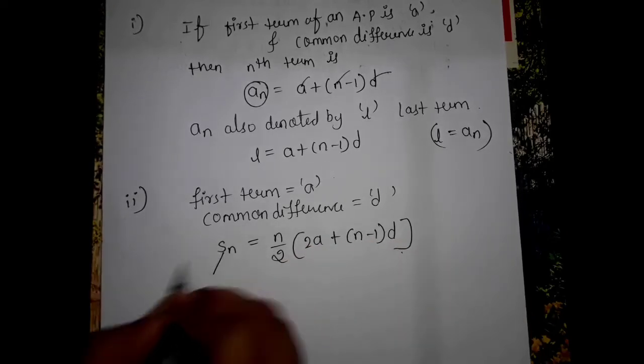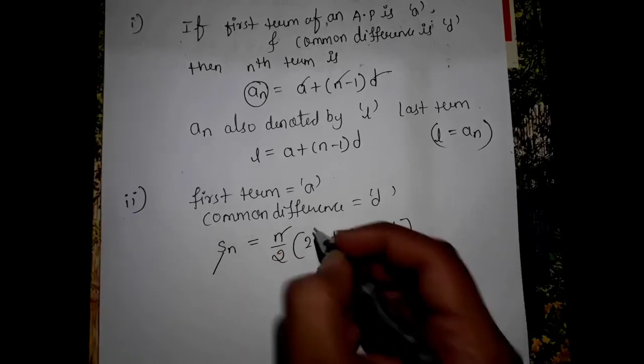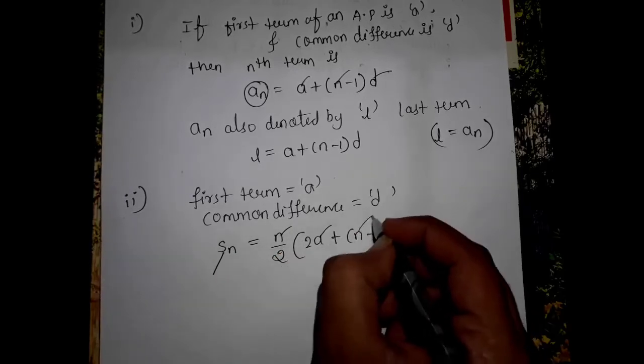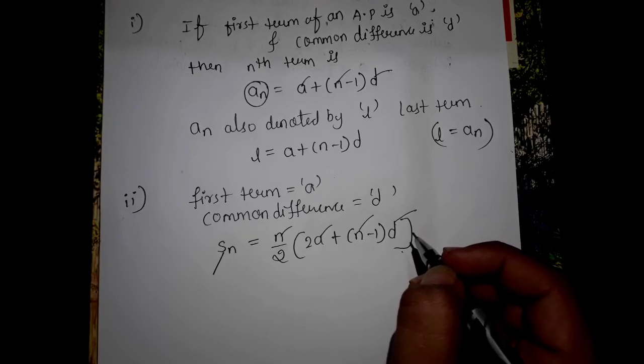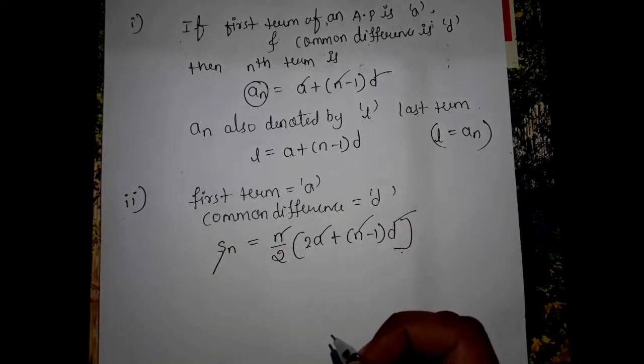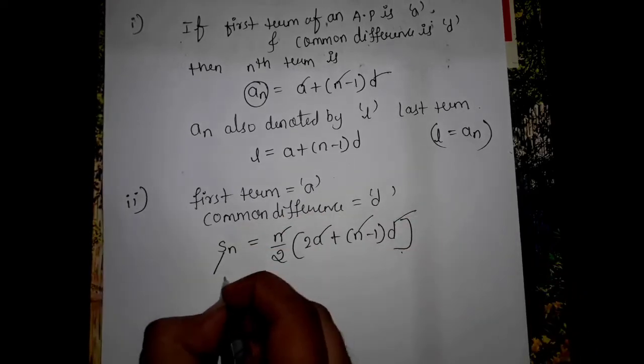Here n means number of terms, a means first term, d means common difference. This formula is used to find the sum of n terms.